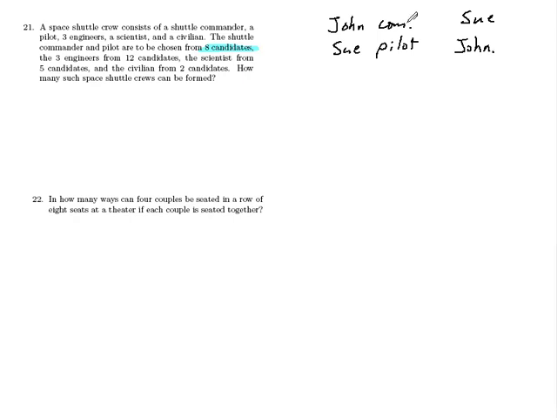So the commander and pilot are necessary titles, so order is important there. So when we pick the commander and the pilot from that group of 8 people, it's a permutation.